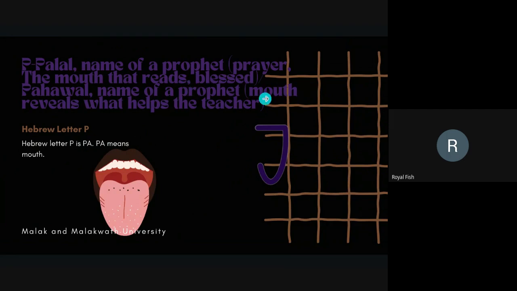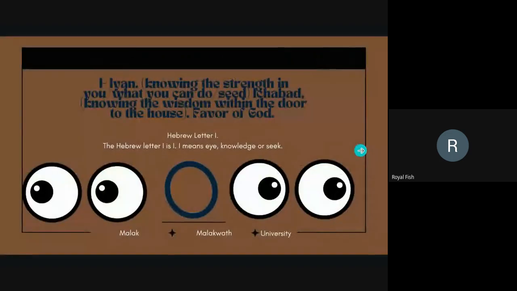He has the mouth that reveals what helps the teacher. So he is in apostleship, but also deeply in discipleship. So you have the Hebrew letter Pa is kind of like a letter J but not.